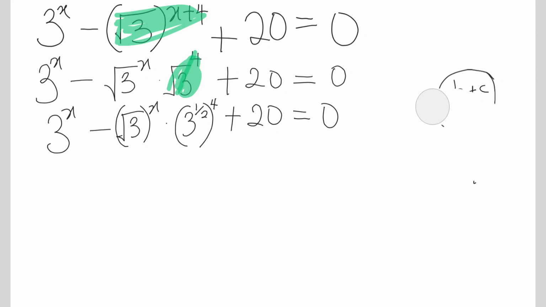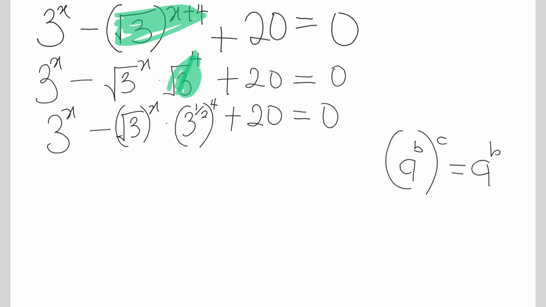And of course, don't forget that one of the laws of indices says when we have a raised to the power of b in bracket, then raised to the power of c outside, we need to multiply the powers. It's going to become a raised to the power of b multiplied by c, that's a raised to the power of bc, and that's what we're going to be applying here.